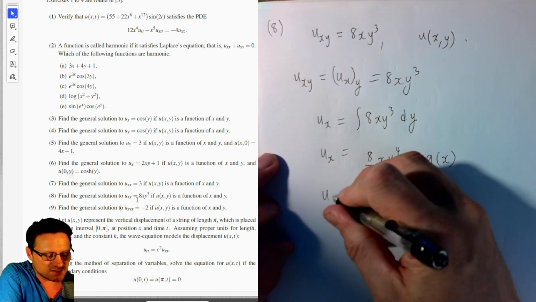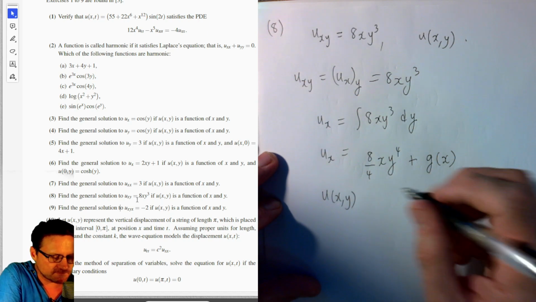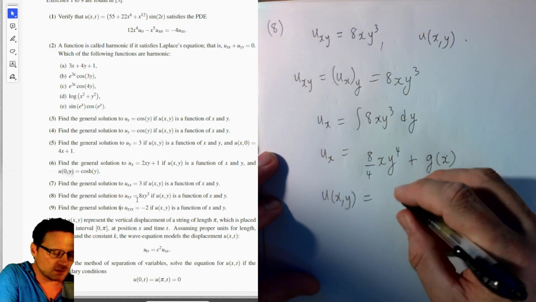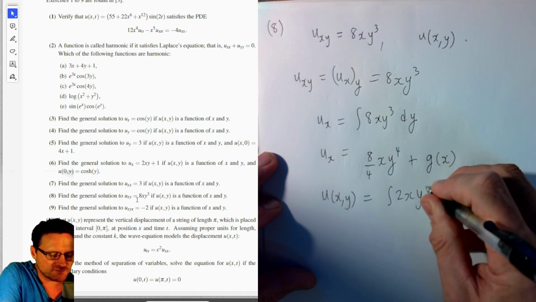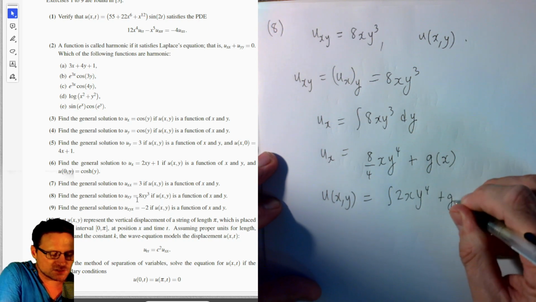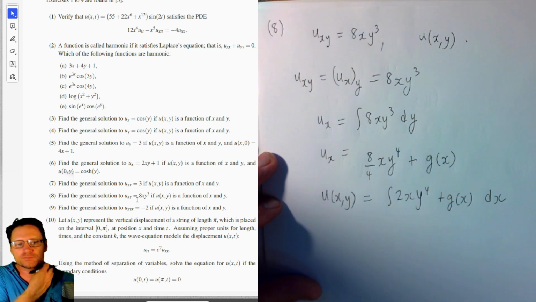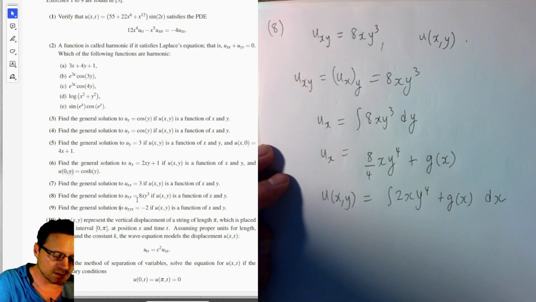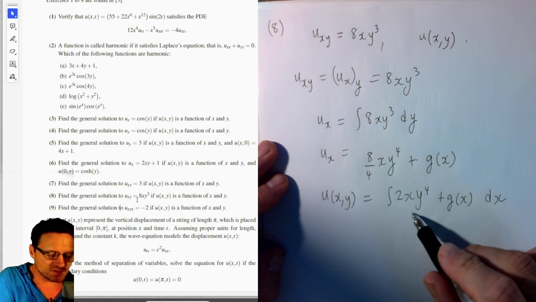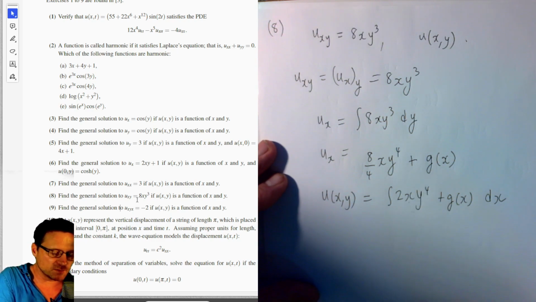Okay, now integrating this again with respect to x, this time we're integrating 2x y to the 4th plus g of x with respect to x. Okay, so for this one, we're adding 1 to the exponent of x, dividing by the new exponent.